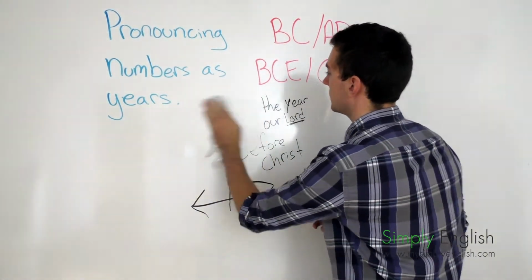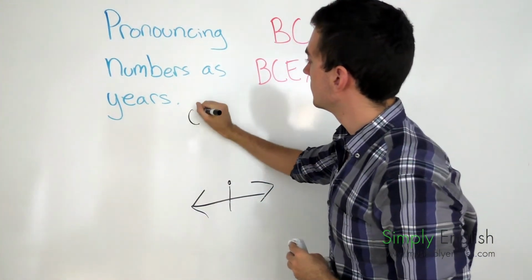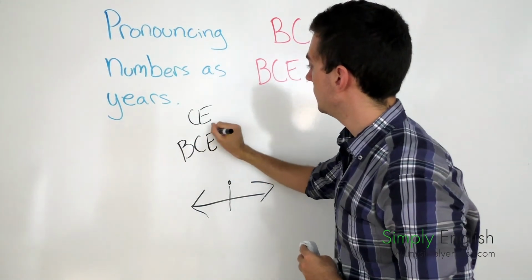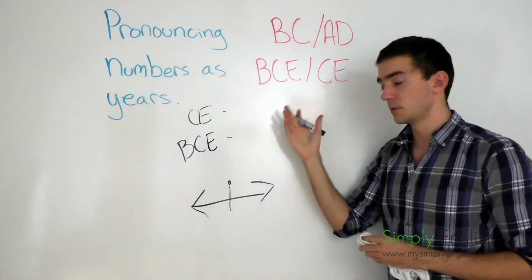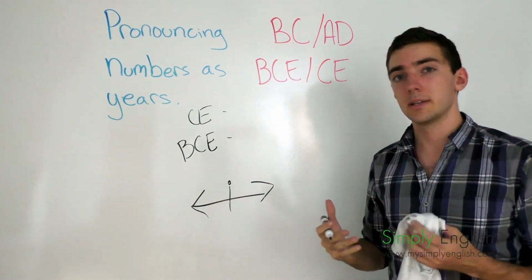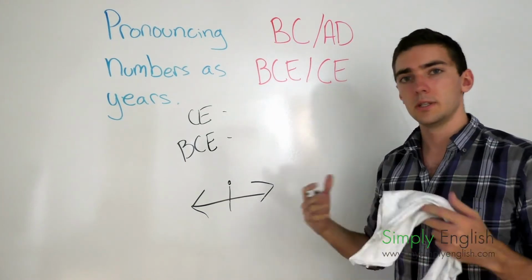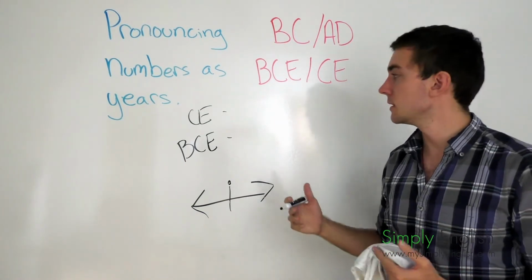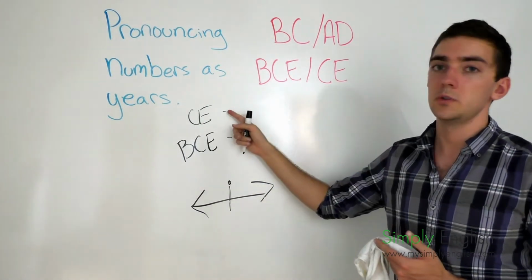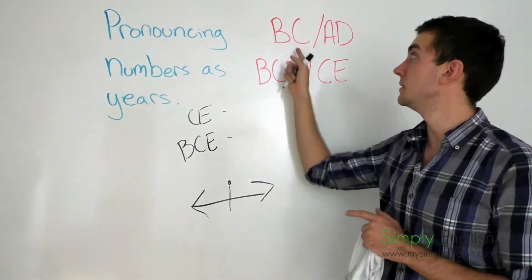So, what about CE and BCE? What is this about? Well, today, with an ever-diversifying society, with more and more diversity, different religions, different people, different beliefs, it's becoming more and more common every day for people to use CE and BCE rather than AD and BC.